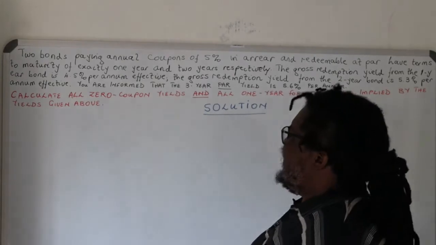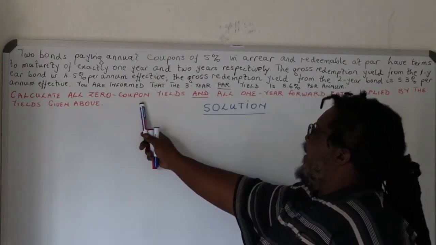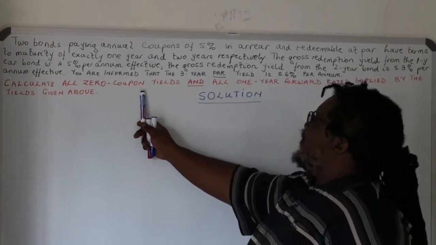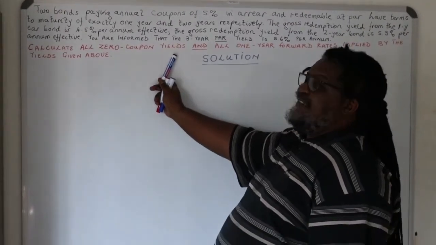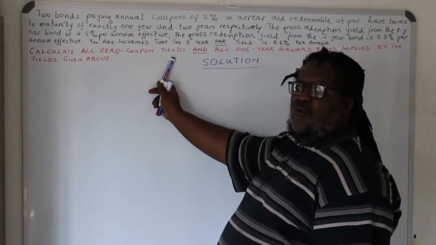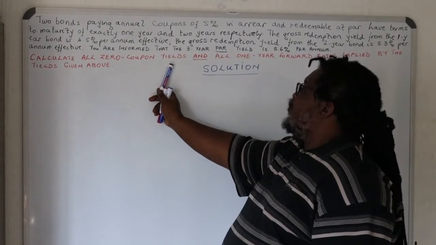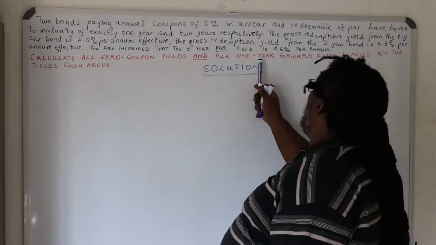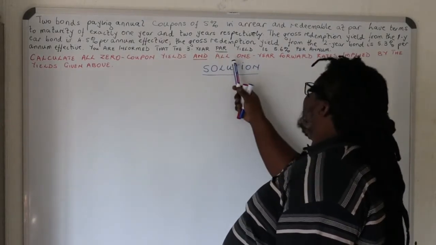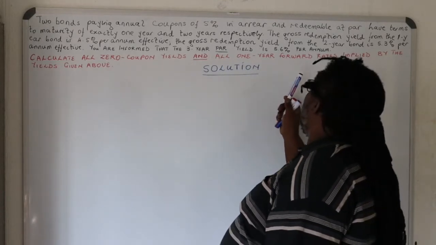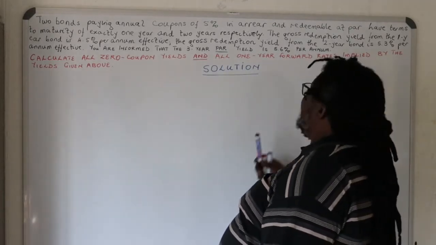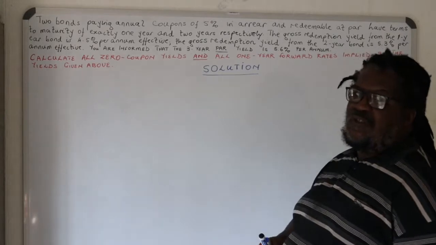So there are two questions. One, calculate all zero coupon yields. In other words, there is more than one zero coupon yield that you need to calculate. And all 1 year forward rates, there is also more than one that you need to calculate.